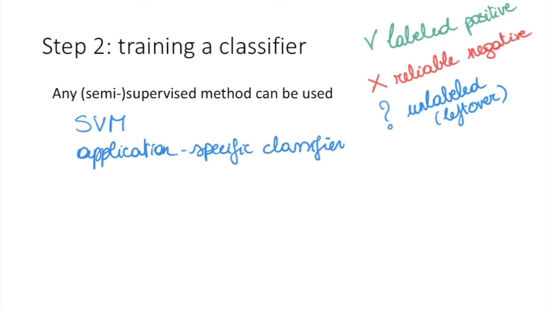So these were examples of supervised methods, but you can turn them into semi-supervised methods by applying expectation maximization on top of them. Expectation maximization will iteratively improve your classifier by looking at which classes the unlabeled examples were classified as, and then using those to improve the classifier.